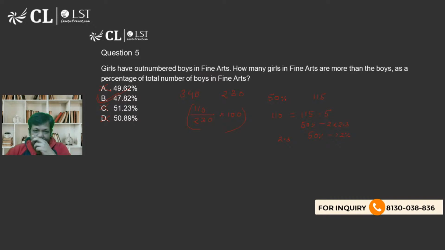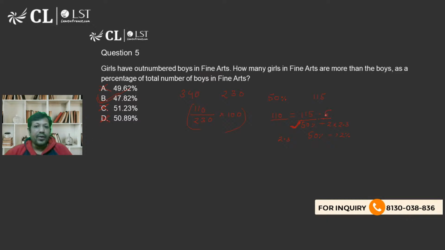Okay, Priyanshi, I'll explain the calculation again. So basically, I am writing 110 as 115 minus 5. Right? So 115 is 50%. So 50% minus something. So 110 is less than 50%. So option C and option D are rejected.